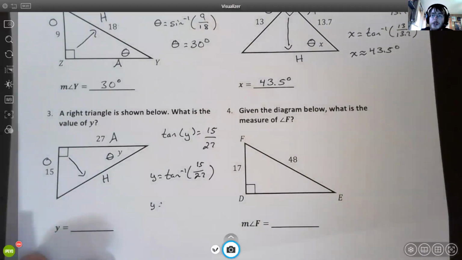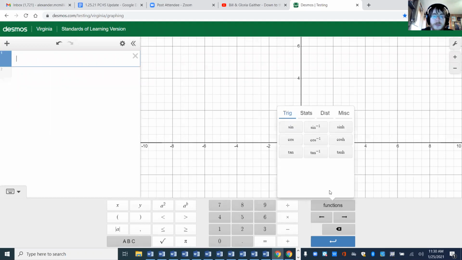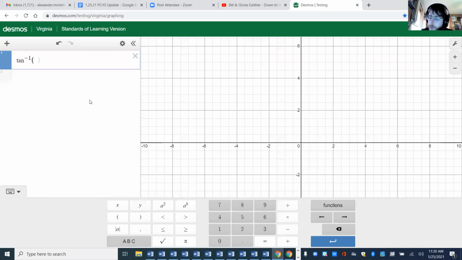If we go to Desmos and type that in, the inverse tangent of 15 over 27, and round that to the nearest tenth, it gives us that y is equal to 29.1 degrees.